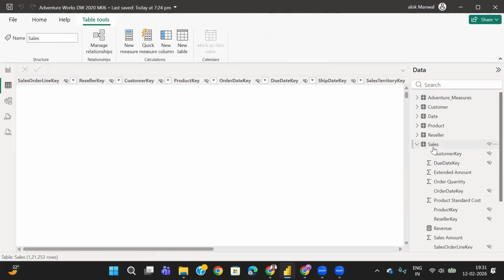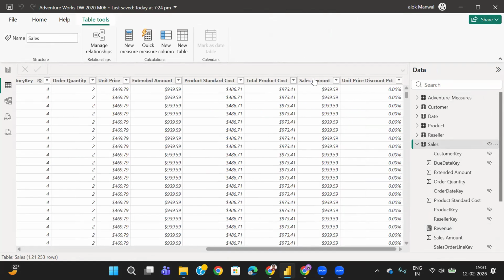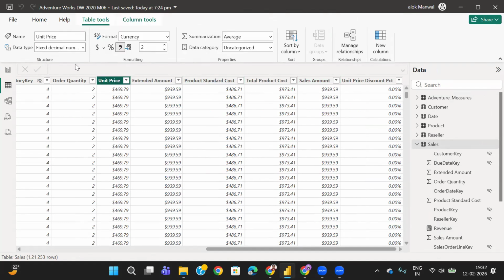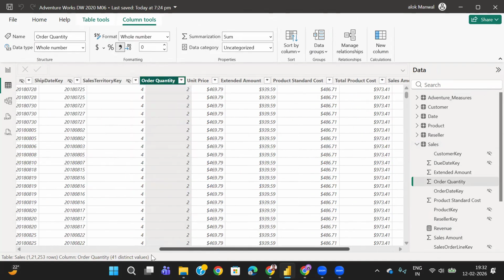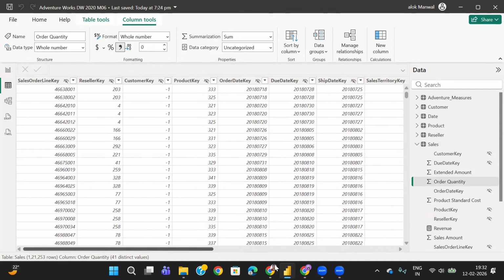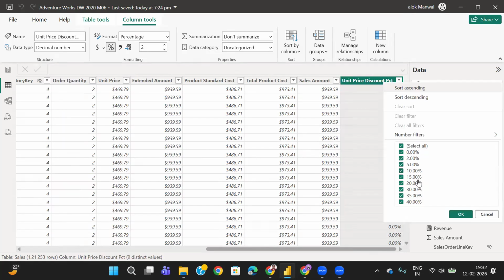Here is our sales table, and we have sales amount, total product, unit price, product quantity, and unit price discount percentage. We have already these many, but zero is one of them.